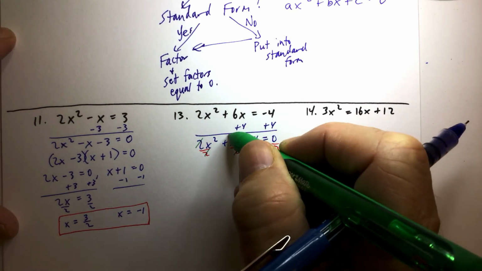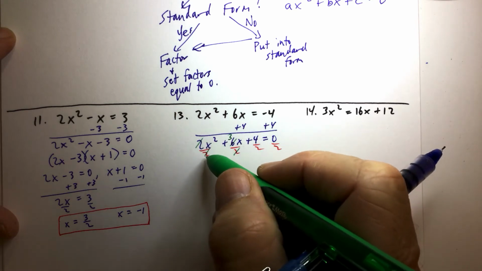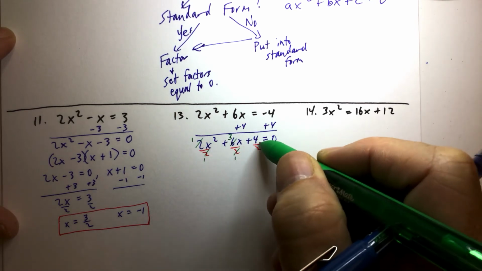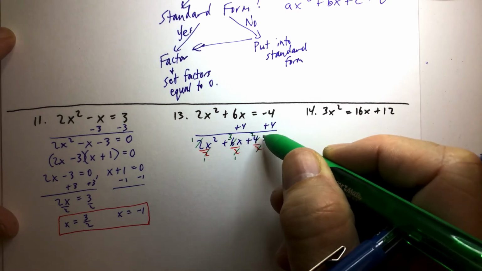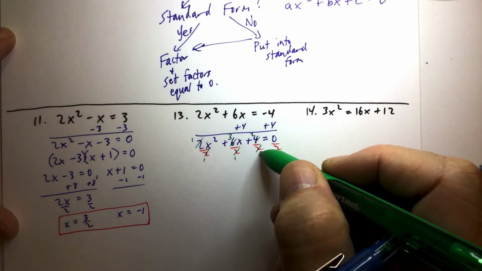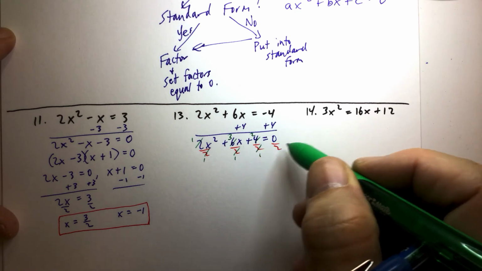So 2 divided by 2 is 1, 6 divided by 2 is 3, 4 divided by 2 is 2, and 0 divided by 2 is just 0.